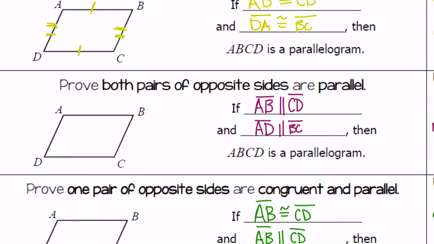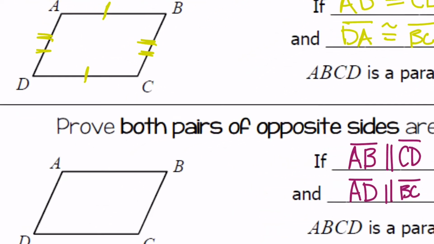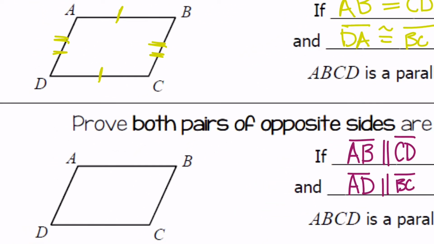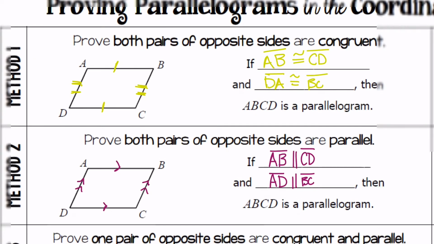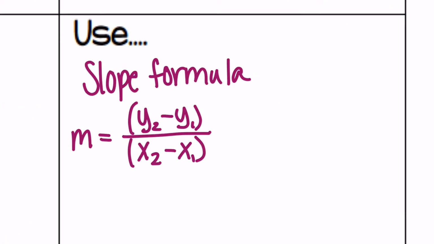Method 2 is we can also prove that both pairs of opposite sides are parallel. If we can prove that side AB is parallel to side DC, and we can prove that side AD is parallel to side BC, then we can prove that ABCD is a parallelogram. We prove that using our slope formula. You have to think back to Algebra 1.